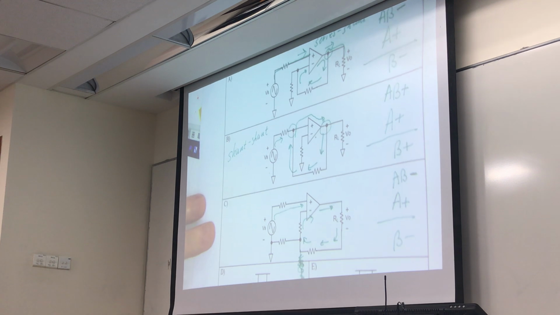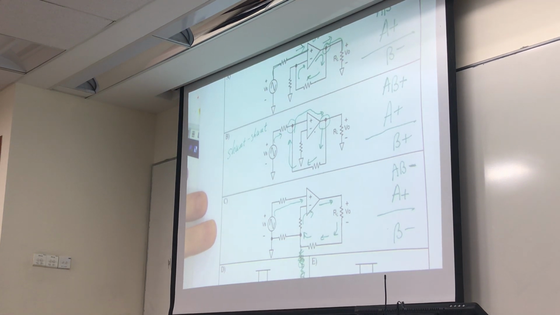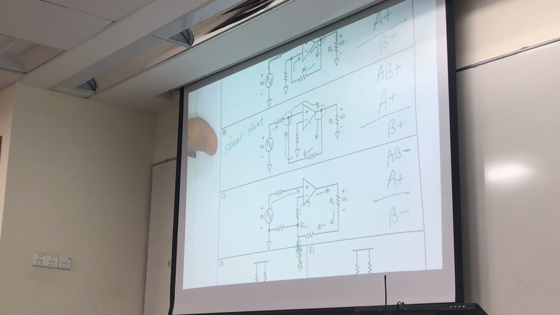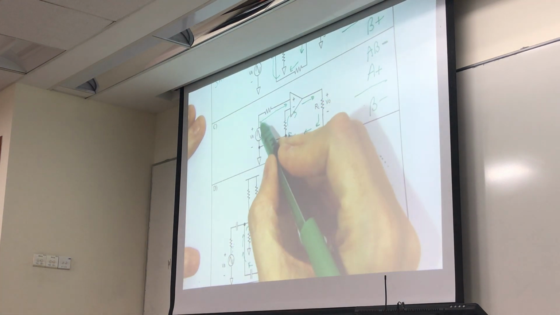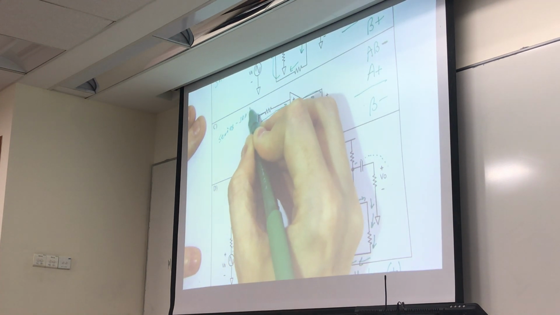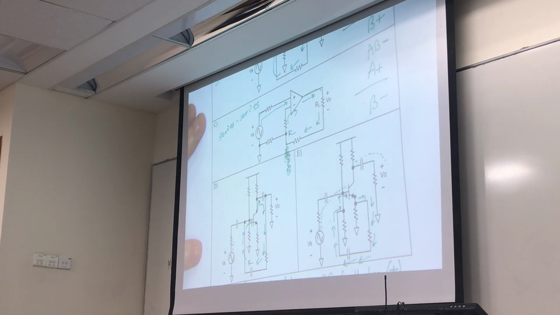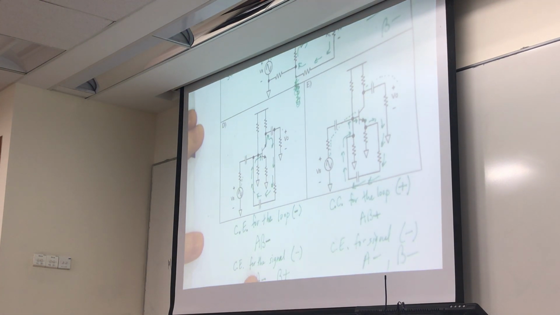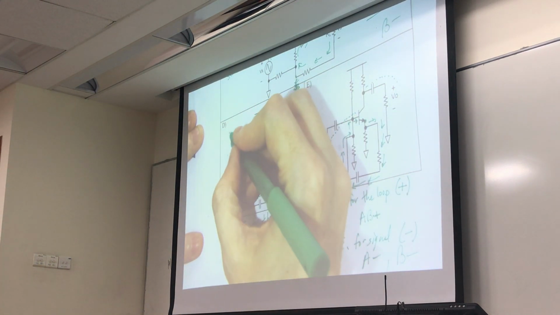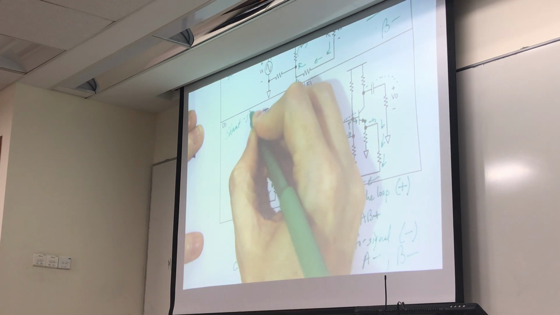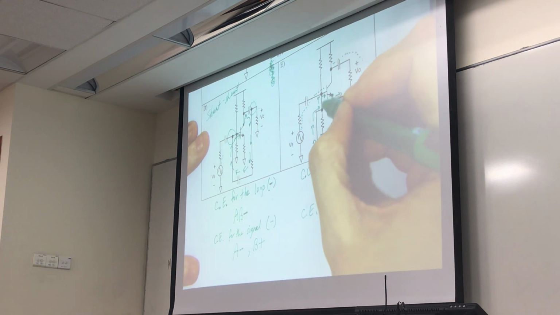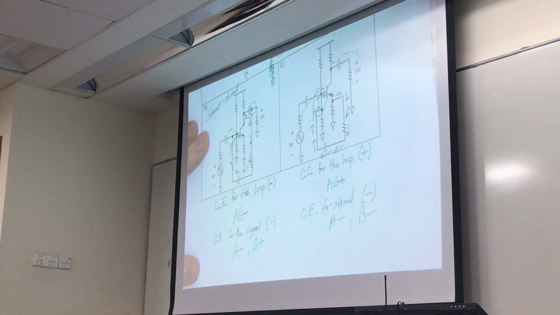So then we could have some idea of whether that makes the input and output impedance better or worse, right? This one is series. This one is shunt. This one is shunt series.